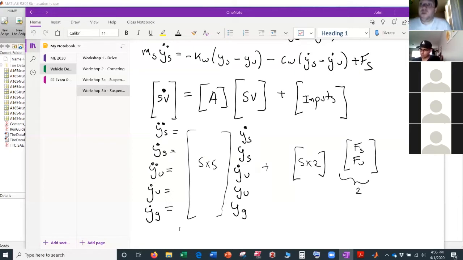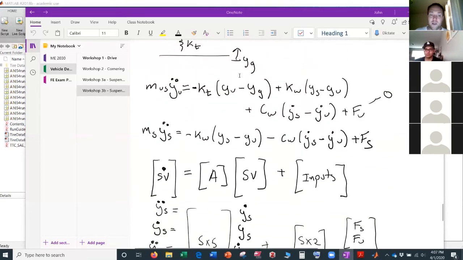Typically you would do matrix algebra, but I'm going to make our life a little bit easier. I'm going to solve these 5 equations in terms of these and these 2, which you'll see are basically up here.